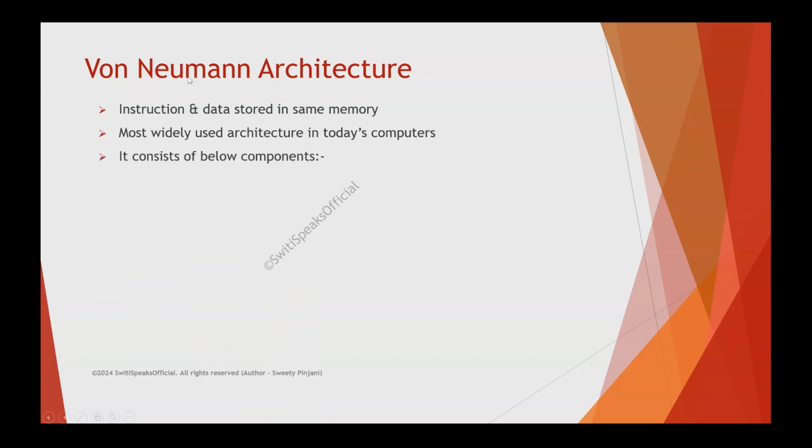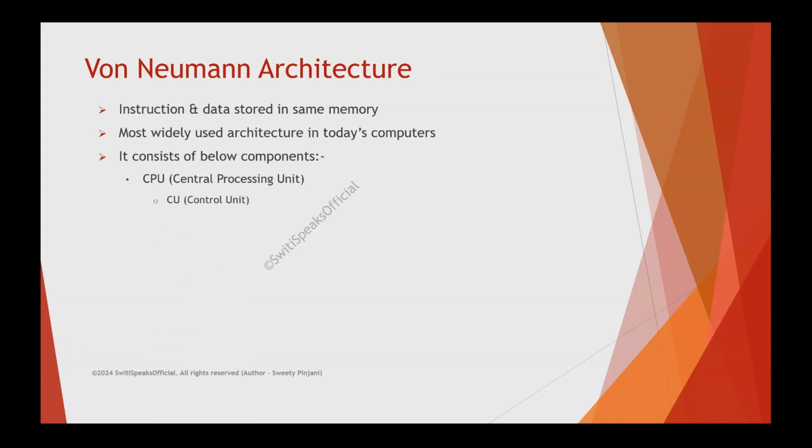What does von Neumann architecture consist of? What are different components inside von Neumann architecture? Let's understand. The first one is CPU, Central Processing Unit. We are going to see all these components one by one. First, let's understand what are the components. First one is CPU.